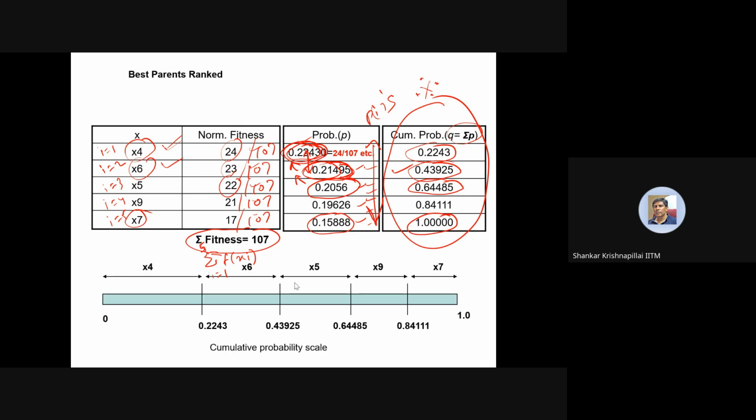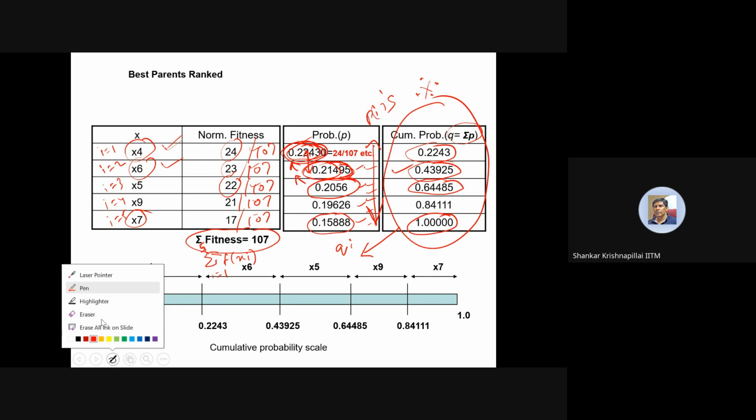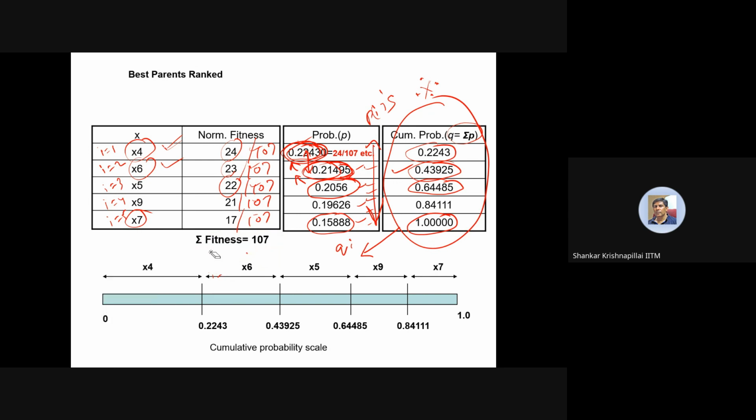So what we can do is that this cumulative fitness QI can be represented in this linear scale. Here you can see that X4 is having the largest space, that is from 0 to 22.43. And X6 is having a smaller slot. You can call it a slot.